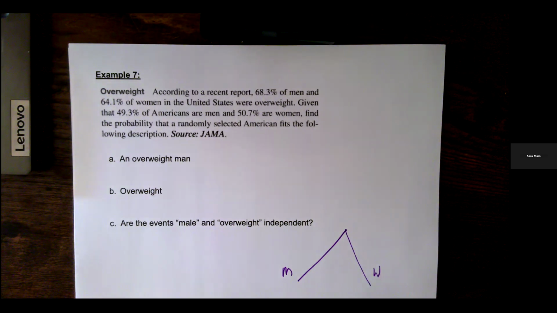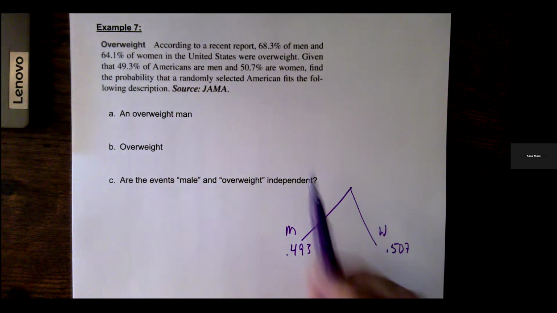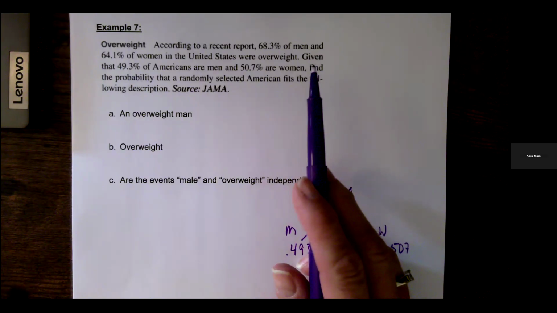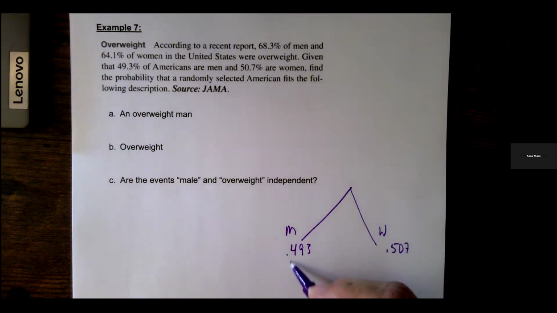Okay, so what we do know is man and woman, so we know 0.493 and 0.507, those add to 1. And then it says 68% of men are overweight. So we have overweight and then not overweight, and we're going to have overweight and then not overweight.